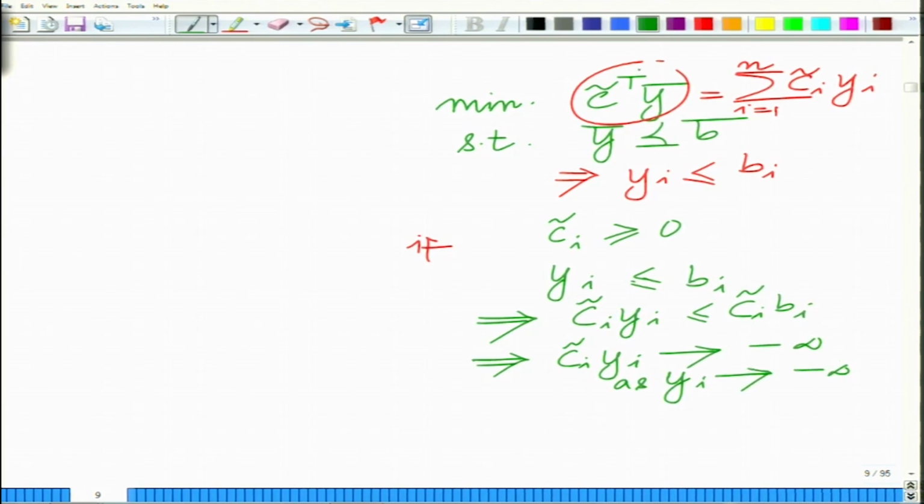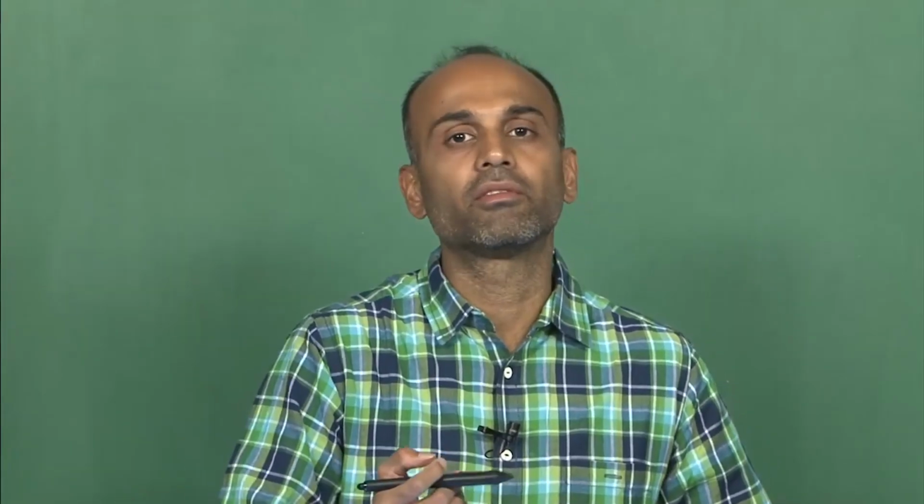Okay. So, I can make the objective small by taking that particular y i to minus infinity. So, if any C i tilde is greater than or equal to 0, I can take that y i to minus infinity, the objective becomes minus infinity. So, it is unbounded below.